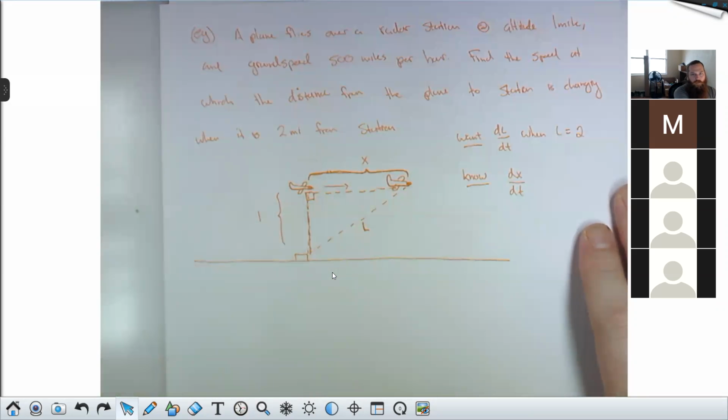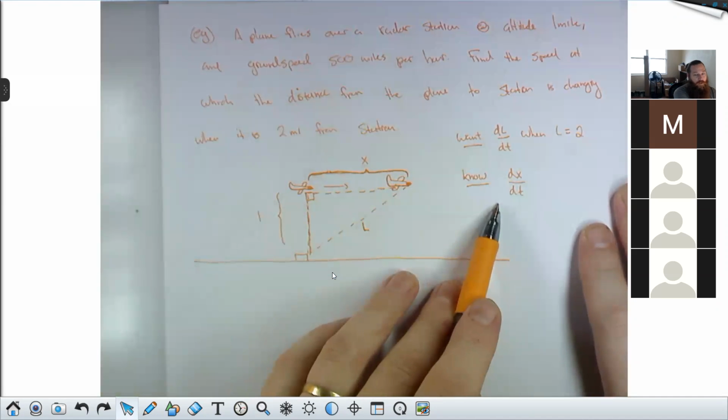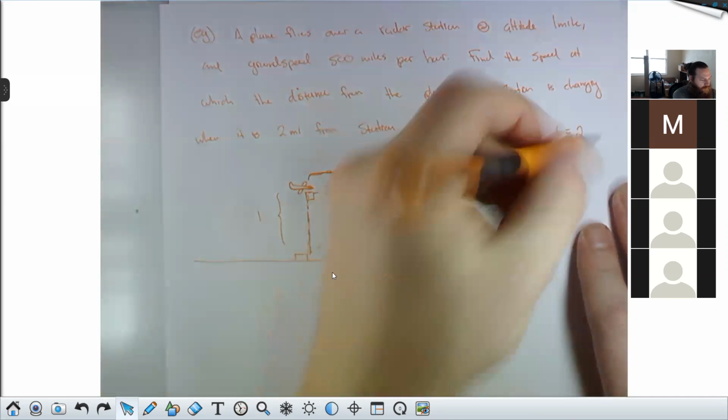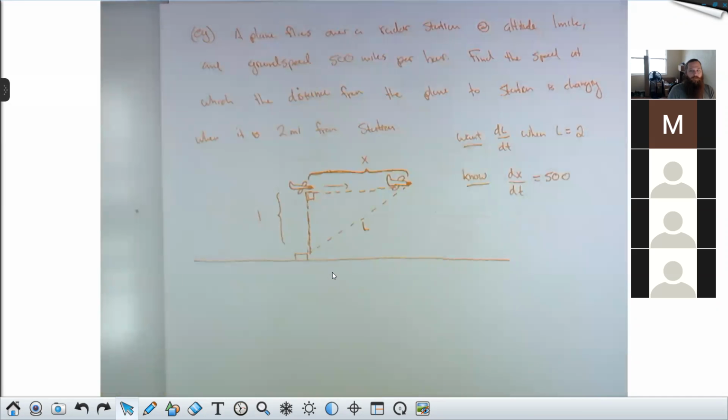And the speed at which it's increasing is 500 miles per hour. So x is growing, so dx/dt is positive, and it's growing at 500 miles every hour. So dx/dt is 500. And the question is, can we use this information to find dL/dt at the moment when L is 2?